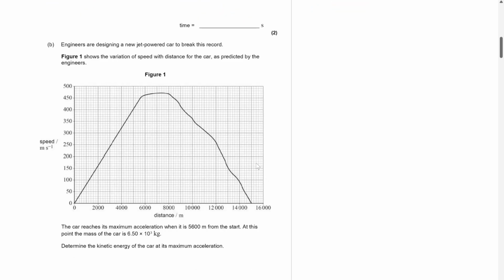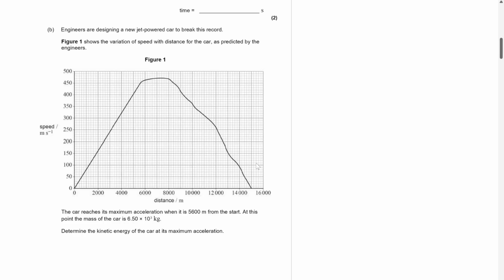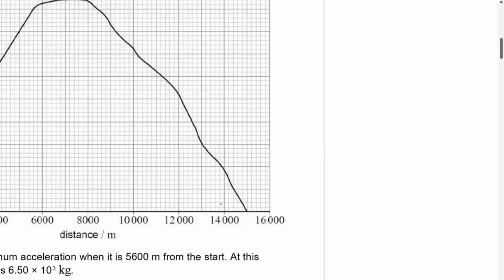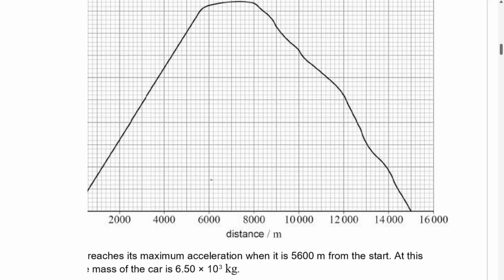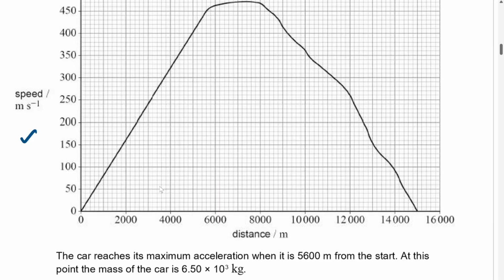Engineers are designing a new jet powered car to break this record. The graph shows the variation of speed with distance of the car. The car reaches the maximum acceleration when it is at 5600 meters from the start. So at 5600 meters, I'm just going to zoom in to be able to see it.